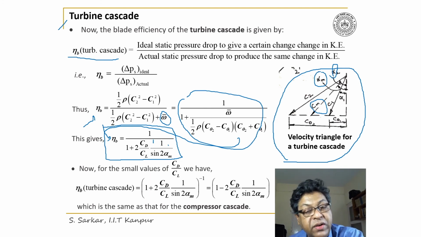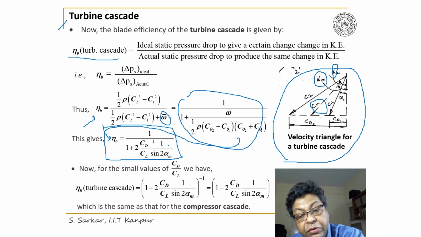Here, going one step more, for small value of CD by CL, indeed in reality the ratio of CD by CL is small, then we may consider the turbine efficiency eta b equal to 1 plus twice CD by CL, 1 divided by sine twice alpha m, to the power minus 1.